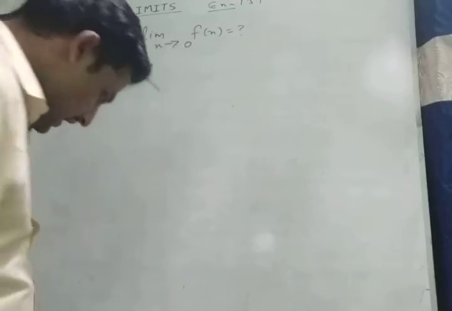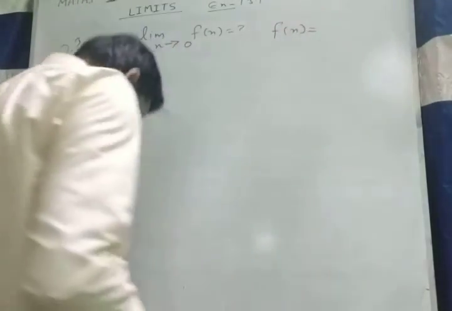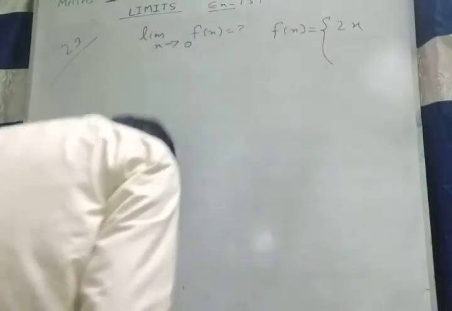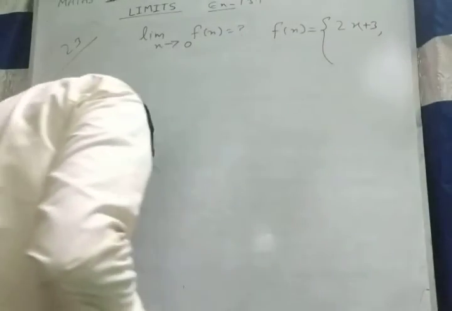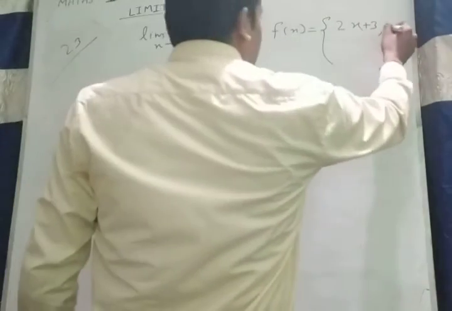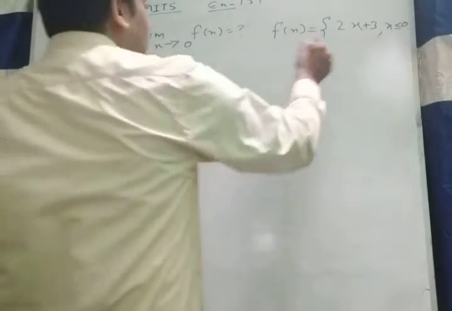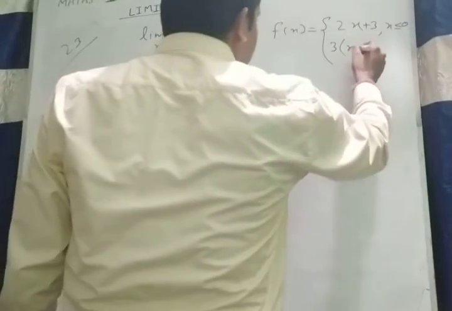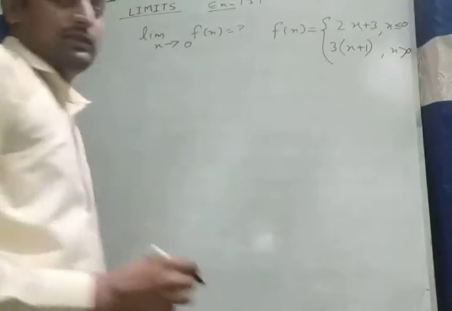Okay, and we have to given f(x) is what? f(x) is 2x plus 3, x is less than or equal to 0, and 3x plus 1, x is greater than 0.